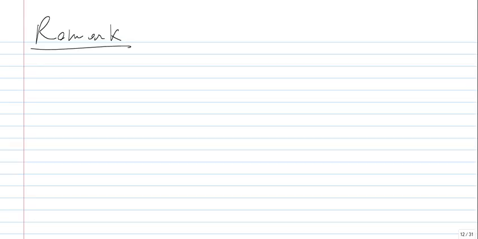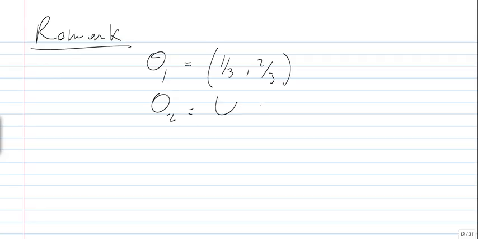So again, let's go back. E1 is what we have left; we removed one interval, so let's call that interval O1. That was, if you remember, (1/3, 2/3). Then O2 was the union of two open intervals.